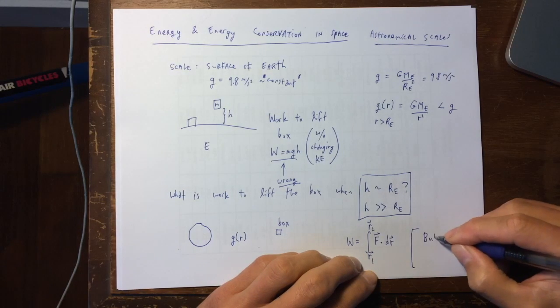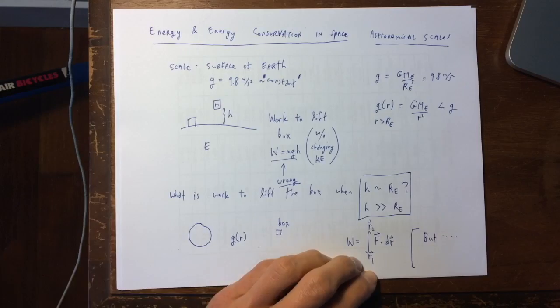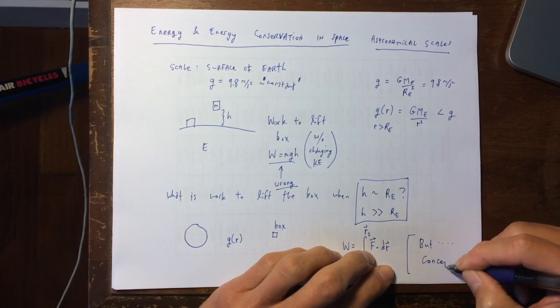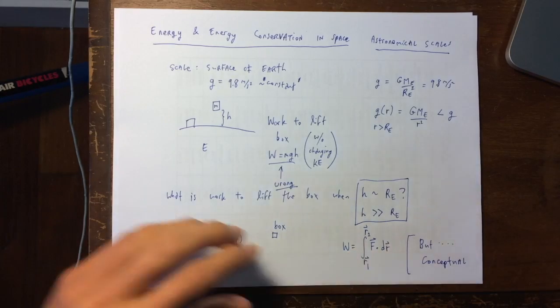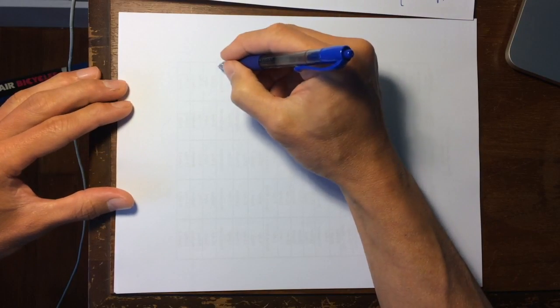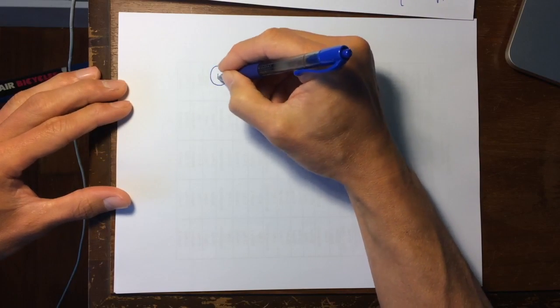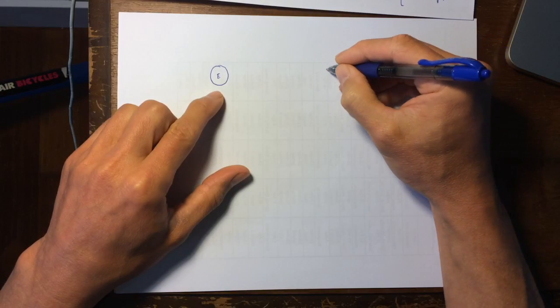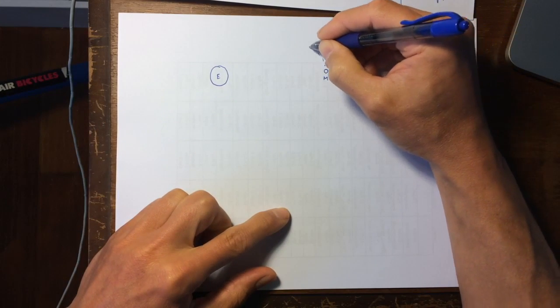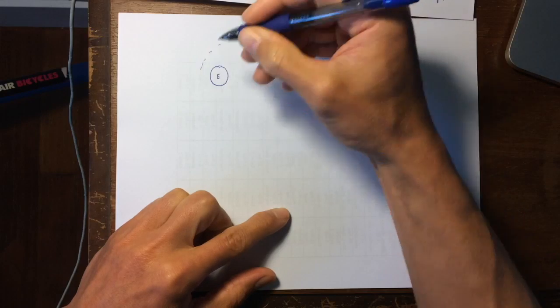But let's think a little conceptually about stuff first. Here is the situation that we all find ourselves in. Here is the moon orbiting the Earth in this elliptical orbit.